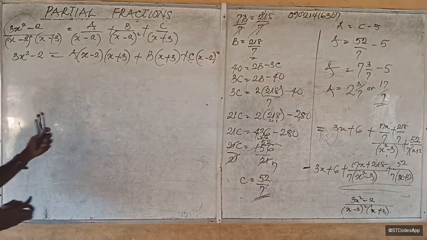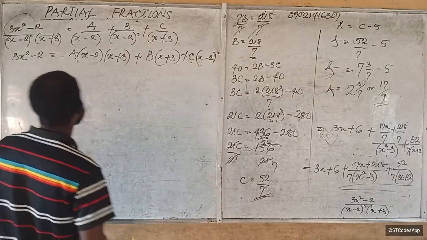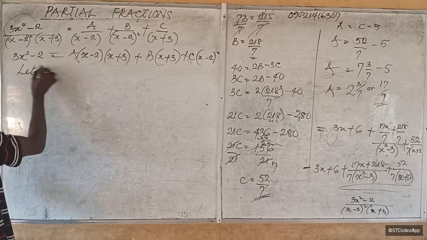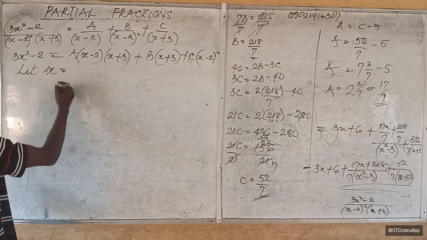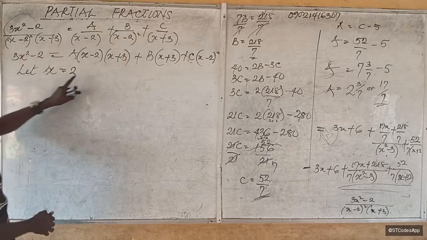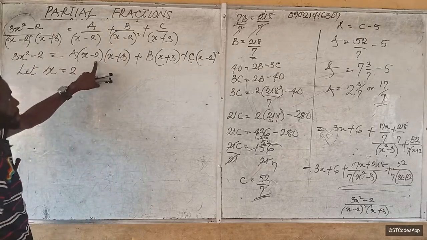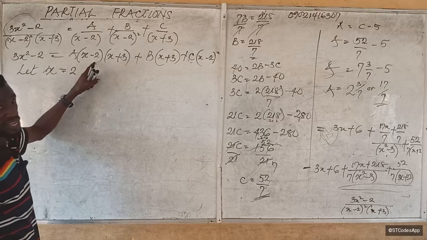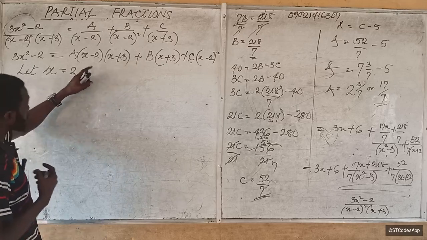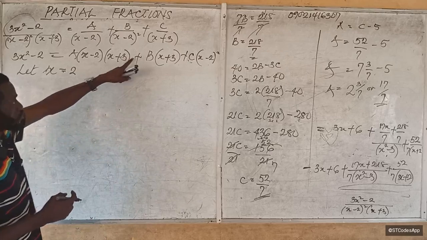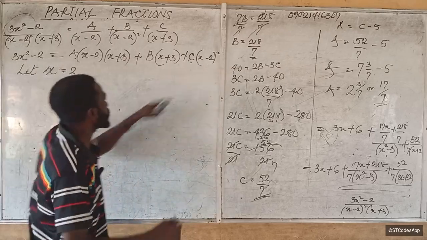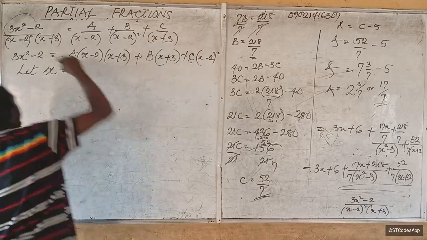Right, so in order to now solve this, you can use the cover-up technique. Very simple. You say let x be 2. By making this one equal to 0, this guy is going to become 0. So A will be cancelled, C will be cancelled. You'll be left with just this guy equal to this guy.